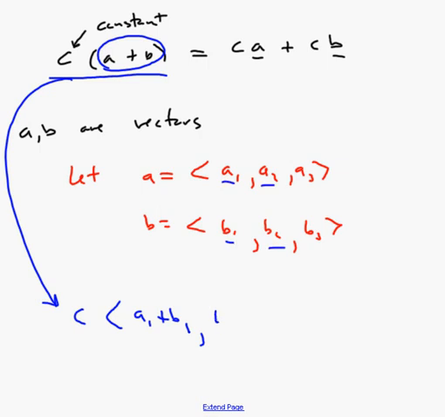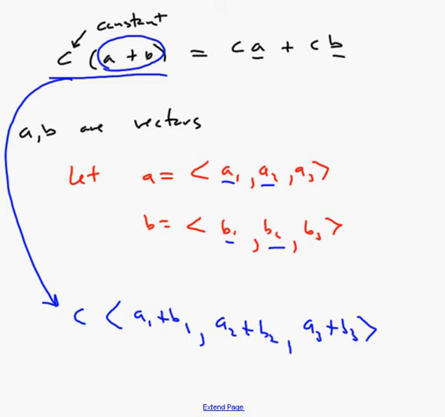Now we're going to add these two. So we get A2 plus B2, comma, and then this should be A3 plus B3. Okay, good. Yeah. So, all right, fair enough.